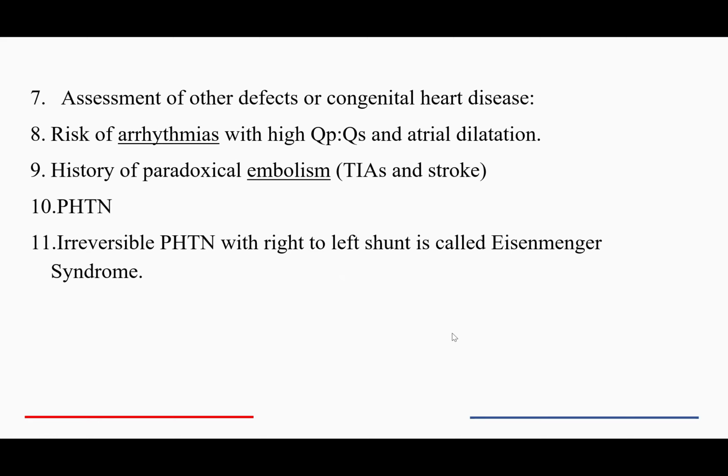Risk of arrhythmias: with high Qp/Qs, atrial dilatation occurs, so there is a higher risk of atrial arrhythmias. History of paradoxical emboli that may cause transient ischemic attacks and stroke, pulmonary hypertension, and up to irreversible pulmonary hypertension with right to left shunt lesions, that is called Eisenmenger syndrome.